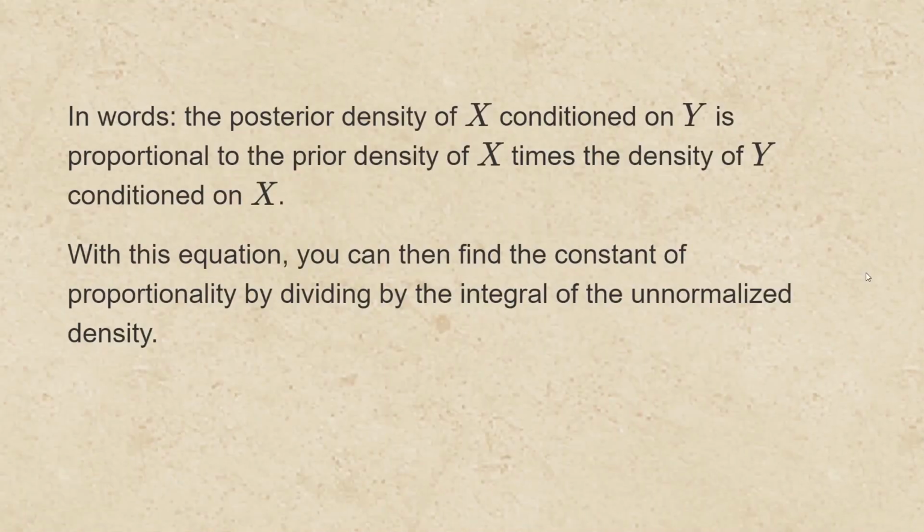In words, the posterior density of x conditioned on y is proportional to the prior density of x times the density of y conditioned on x. With this equation, you can then find the constant of proportionality by dividing by the integral of the unnormalized density.